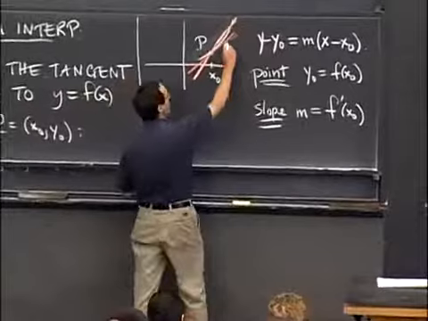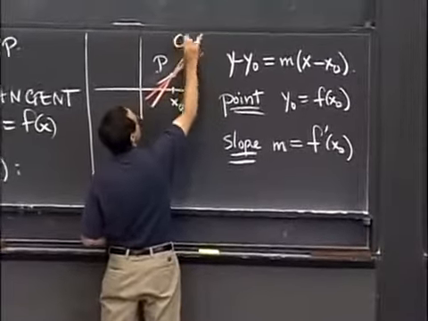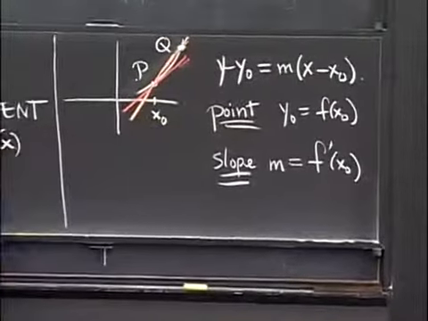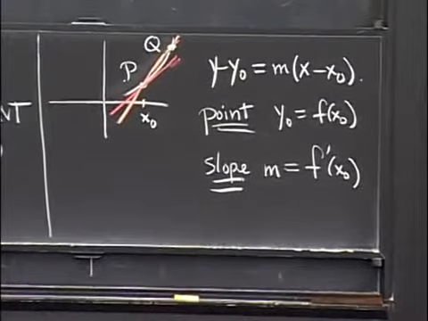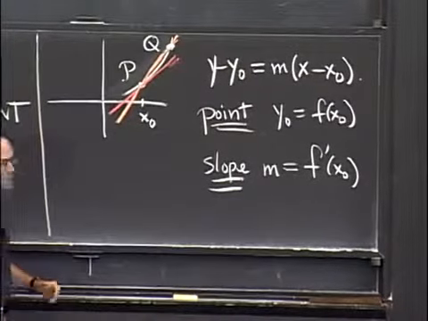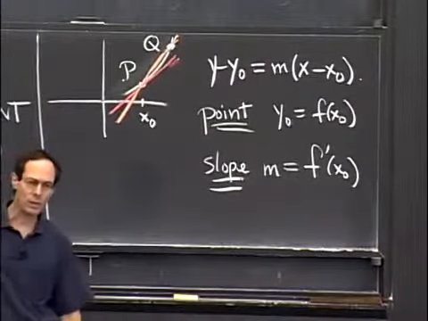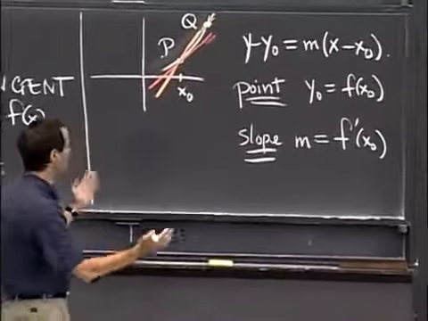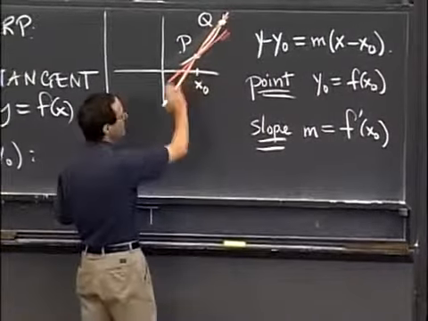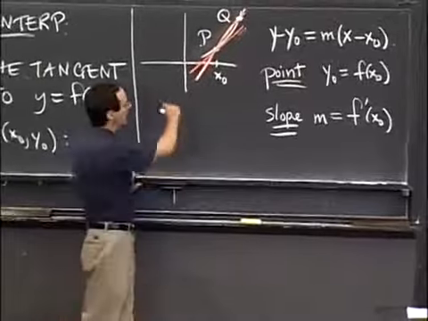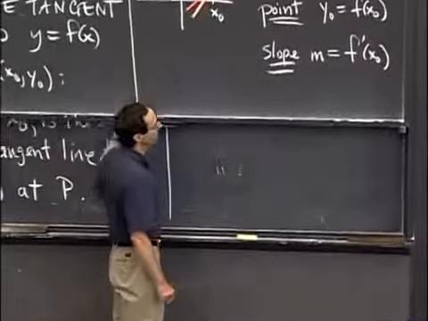It's not really the fact this thing crosses at some other place, which is this point Q, because the line could be wiggly, the curve could be wiggly, and it could cross back and forth a number of times. That's not what distinguishes the tangent line.